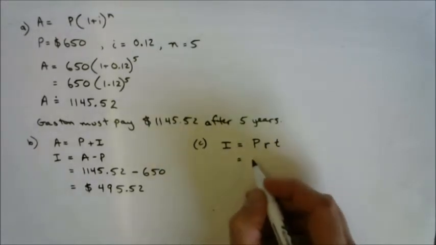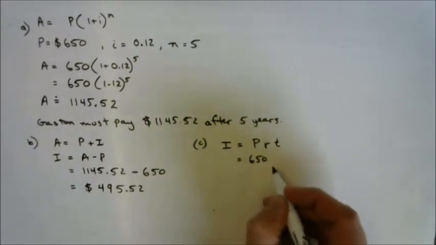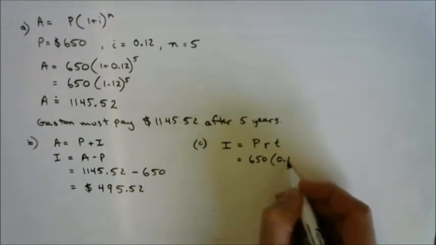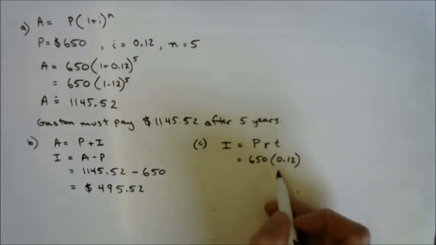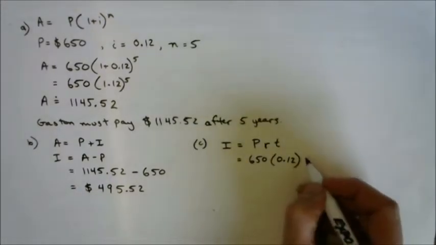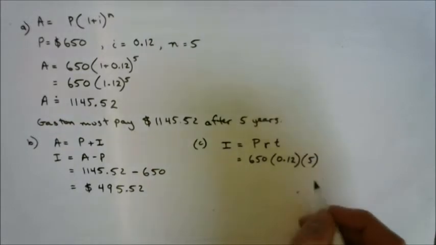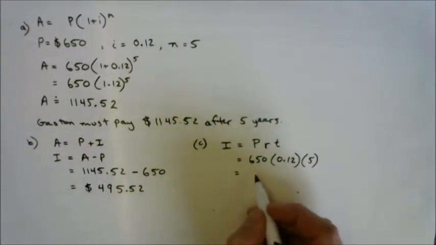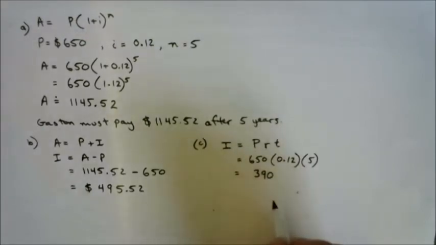So the principal is $650, that's the cost of the guitar. We know it's 12%, we're going to calculate that as a decimal, 0.12, times the number of periods, it's 5 years, and if you do that all on your calculator, you get $390.